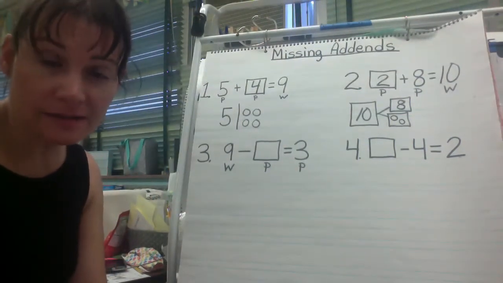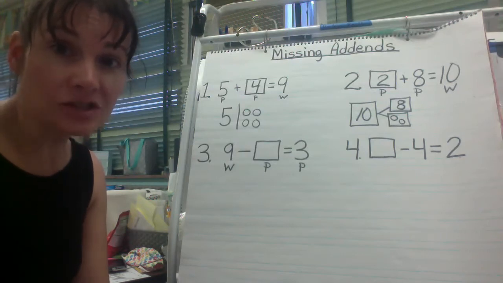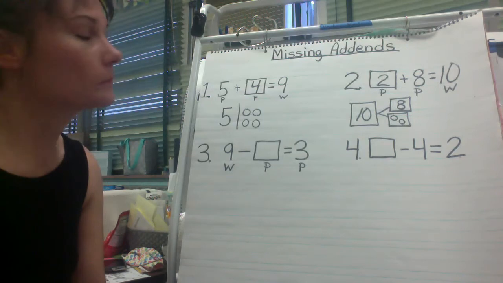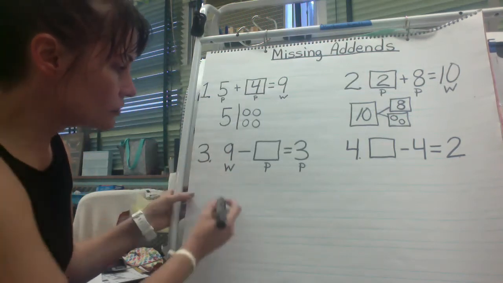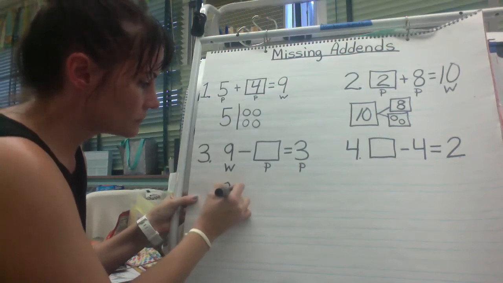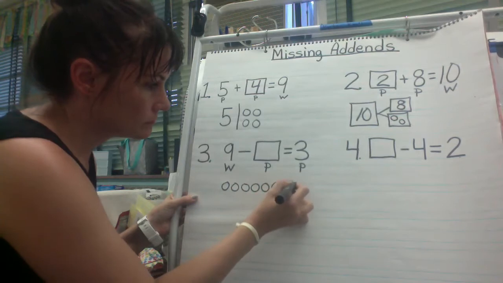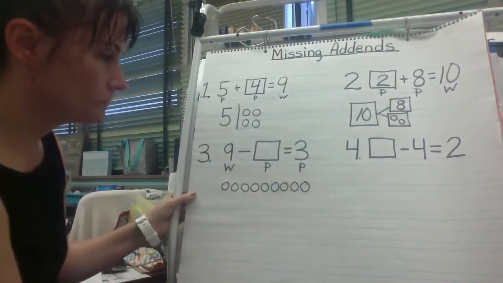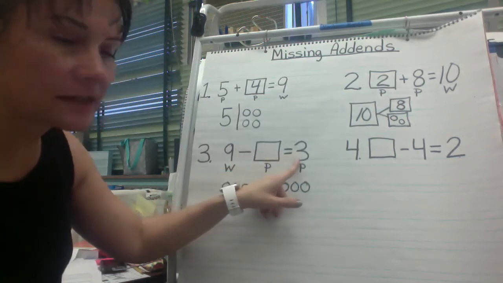Great job, guys. What model did you choose to use? Let's share out some thinking. If I have 9, I could draw 9 counters. And I'm going to minus something until I get to 3.